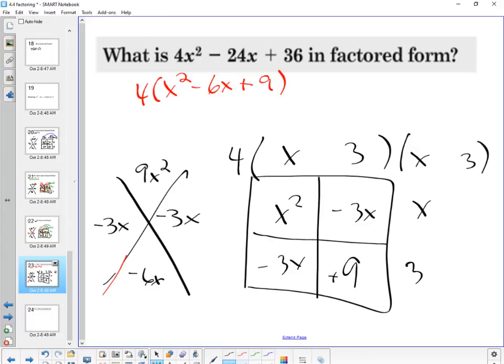It doesn't really matter because multiplication is commutative. This number times that number just needs to turn out to be a positive. In this case, they're both negatives because a negative times a negative gives me a positive number. And when I combine them, they got to give me that negative. So there's your breakdown. We got 4 times the quantity x minus 3 times x minus 3. Okay? All right, cool.